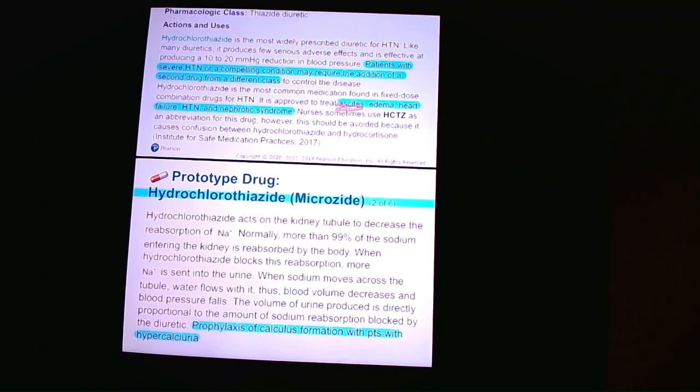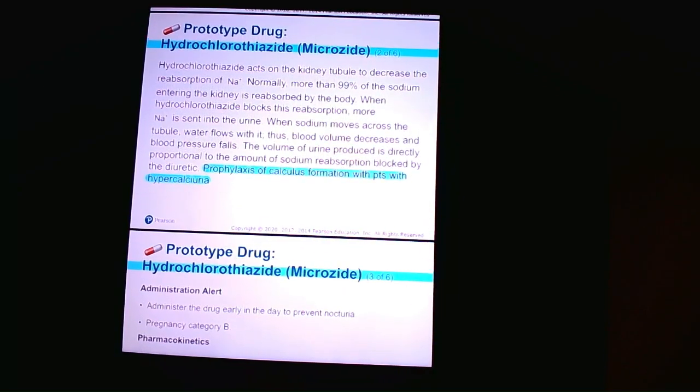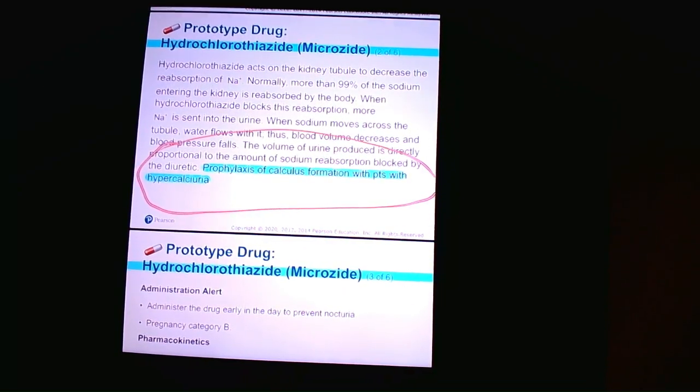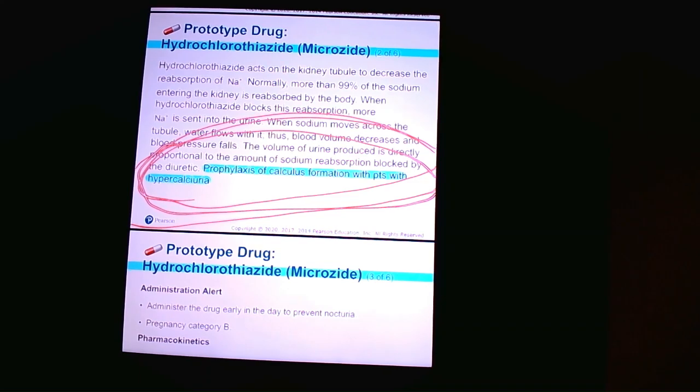Again, ascites is just referring to liver failure. Edema could be talking about the whole body. Liver failure is talking about liver failure. Nephrotic syndrome is talking about renal failure. And hypertension, again, is just a review from that. Prophylaxis for this part is a little unknown. We looked into this.